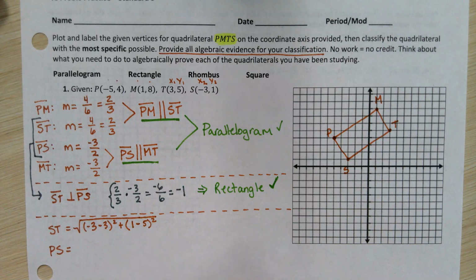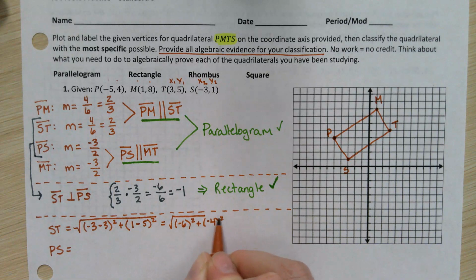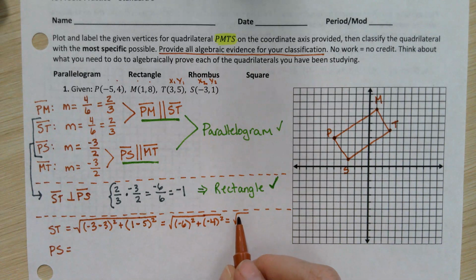That part gets squared as well. Simplifying inside those parentheses gives us a -6 that needs to be squared and a -4 that needs to be squared. That ends up being 36 plus 16, which is 52.